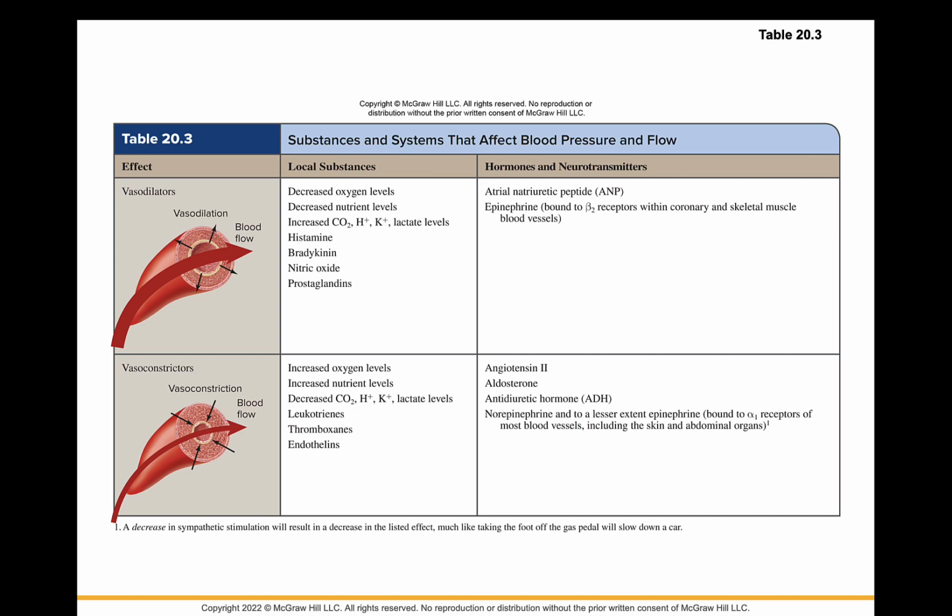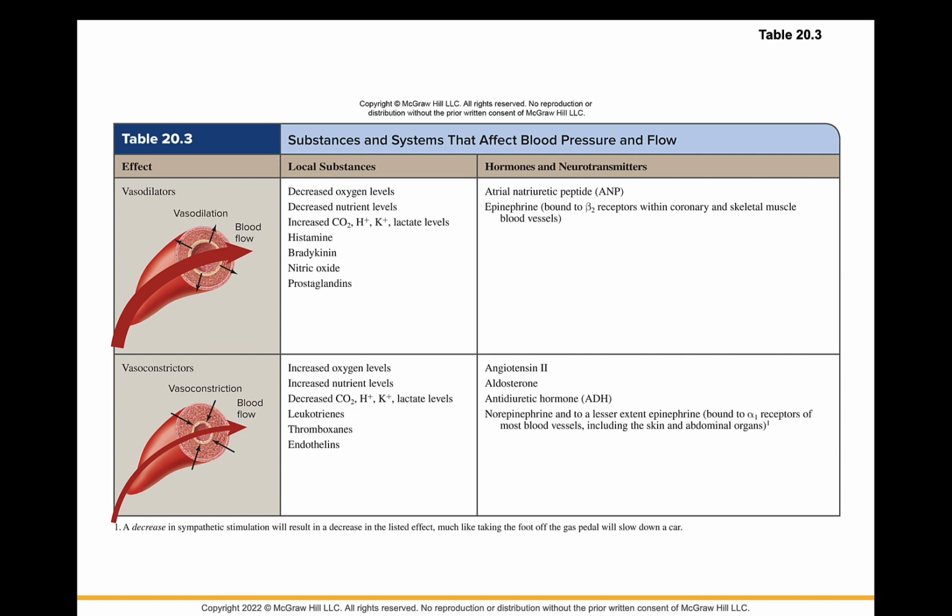Also, increased levels of hydrogen ion, lactic acid, and potassium. Histamine, bradykinin, nitric oxide, and prostaglandins are all local substances that are going to result in vasodilation. Now, when we look at vasoconstriction, it's going to be the opposite of those vasodilators. Increased oxygen levels, increased nutrient levels, a drop in CO2, hydrogen ion, potassium, or lactic acid, leukotrienes, thromboxanes, and endothelins are all going to result in vasoconstriction.